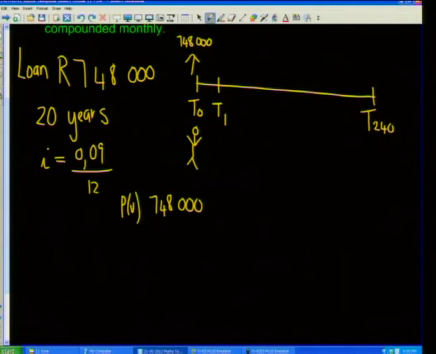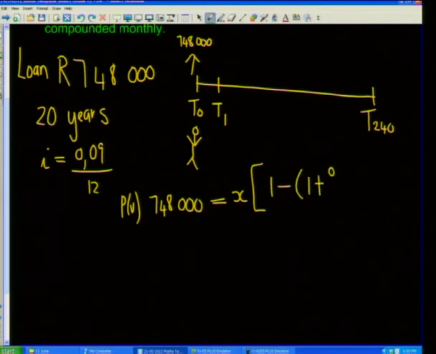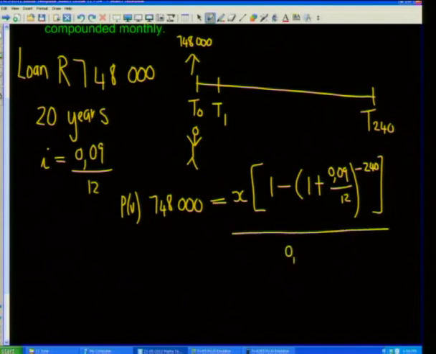If we regard it as a present value, then the formula we use is 748,000 equals X, and then 1 minus (1 plus our interest rate) to the negative 240, over 0,09 over 12.